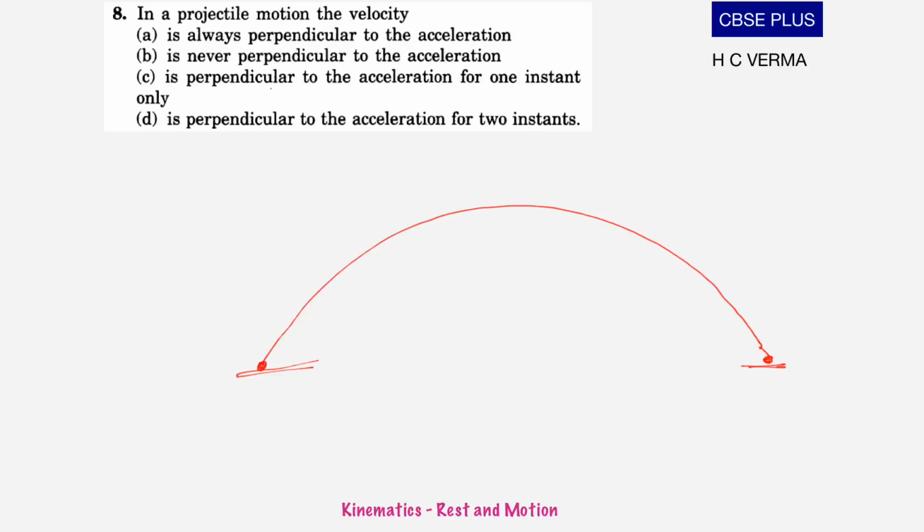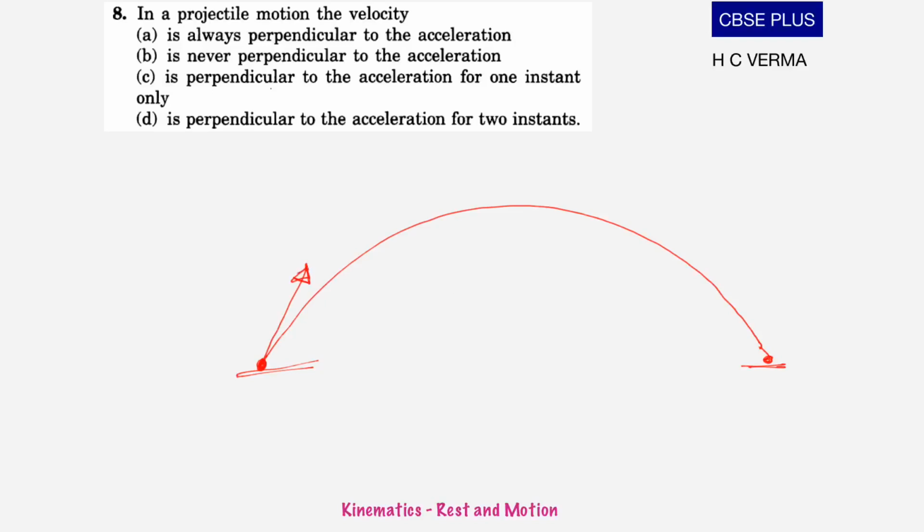So in a projectile motion, the tangent of the projectile path is the direction of the velocity. So every time the direction changes. Right here the direction will be like this.